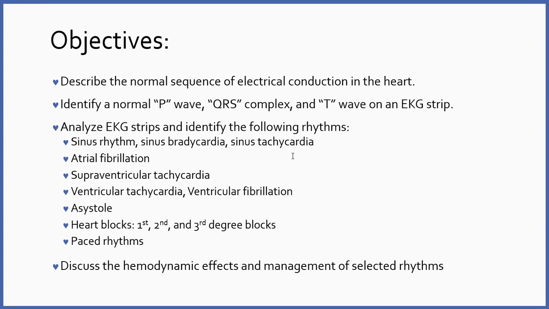We'll be looking at the sinus rhythms, atrial fibrillation, supraventricular tachycardia, VTAC, VFib, asystole, heart blocks, and paced rhythms. We'll also be talking a little bit here about the hemodynamic effects and management of rhythms. Those are also something that we cover pretty heavily in class too.